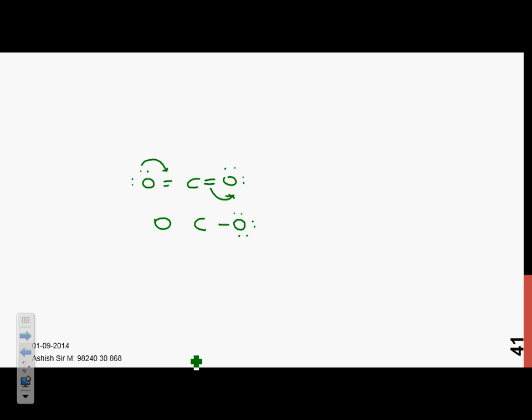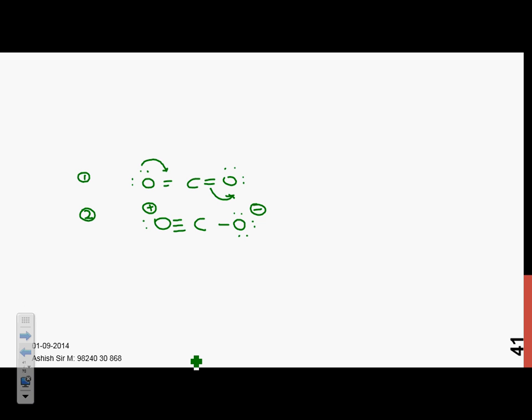Here earlier there were 4, now it will remain only 2, and the 3 bonds will take place over here. Carbon is giving away electrons, oxygen is taking the electrons, so it develops negative charge. Here oxygen is giving away electrons, it develops positive charge. One side carbon is giving electron, second side is gaining electron, so negative and positive become neutral. We don't write anything over there. So we have structure number 1, we have structure number 2.